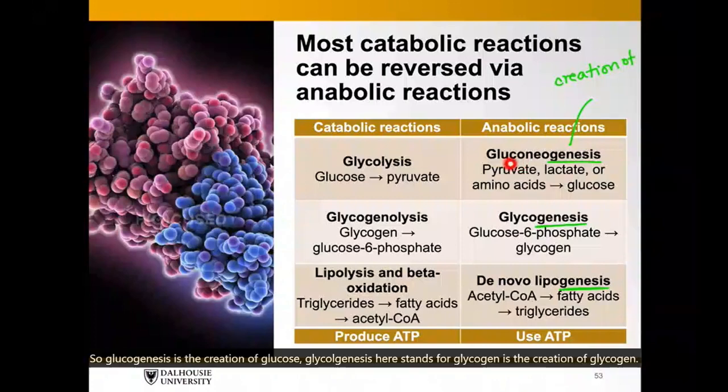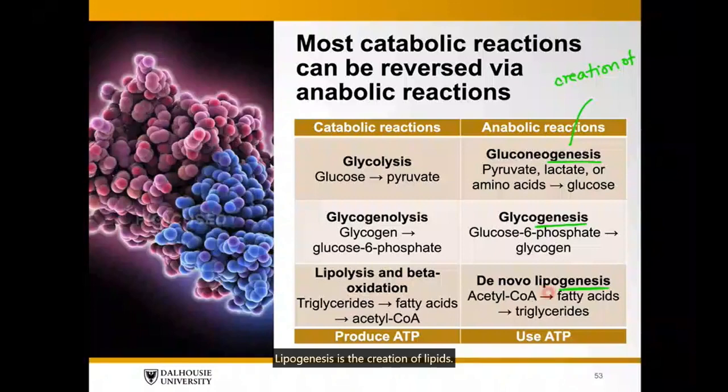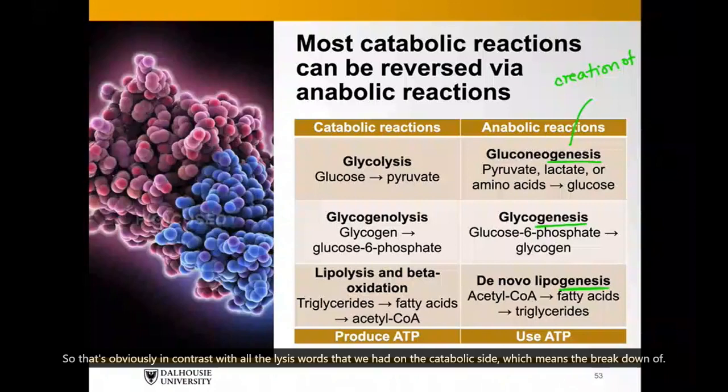So gluconeogenesis is the creation of glucose. Glycogenesis, here glyco stands for glycogen, is the creation of glycogen. Lipogenesis is the creation of lipids. So that's obviously in contrast with all the lysis words that we had on the catabolic side, which means the breakdown of.